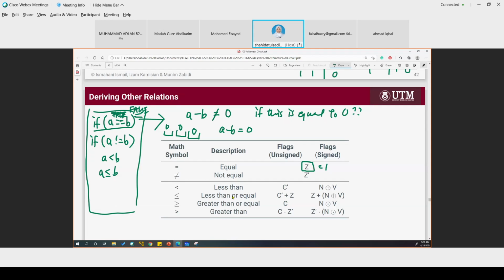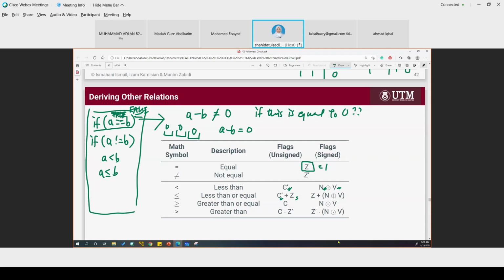And the same goes for the rest. If we are checking less than, then we can check the carry or the N flag and the V flag. If you want to check less or equal, we can check the carry and the Z flag, and so on.